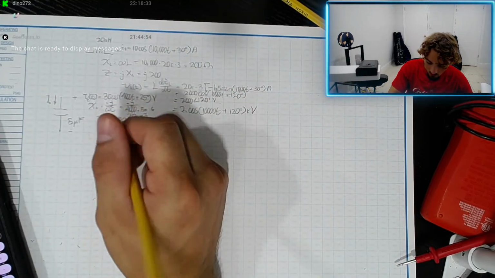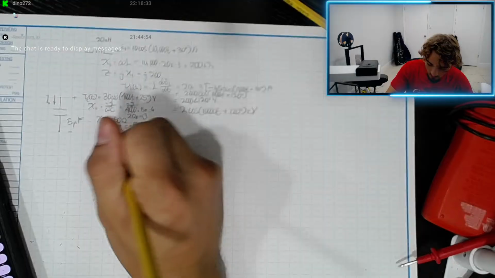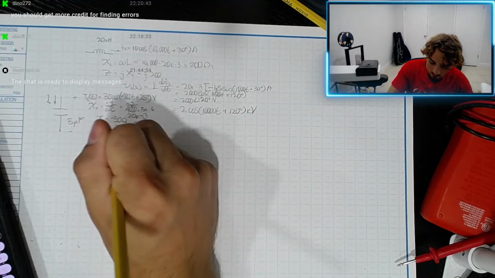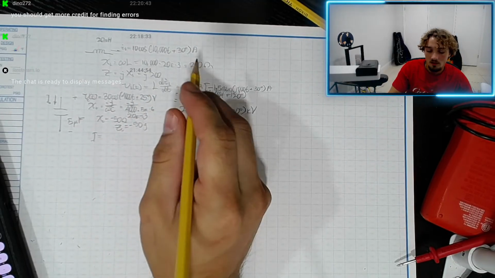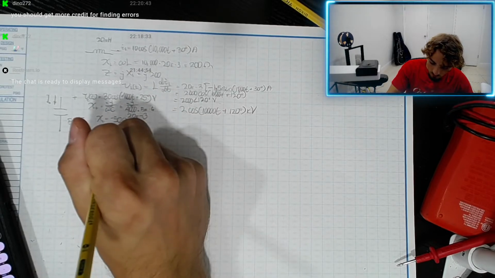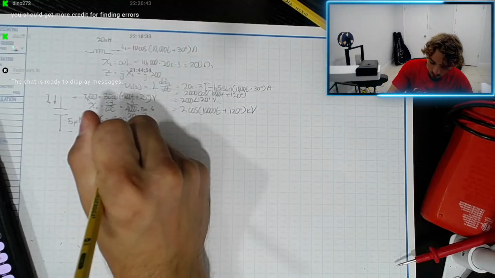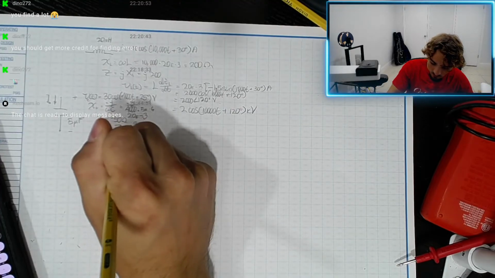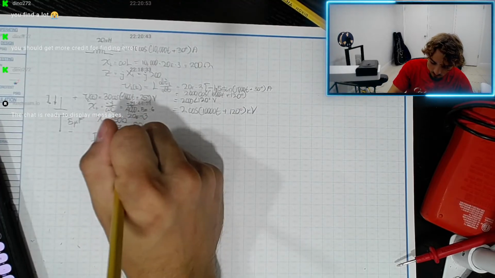This is indeed what we're looking for. Okay, let's figure it out. So I equals, what does I equal? I equals C dVC/dt. Yes.